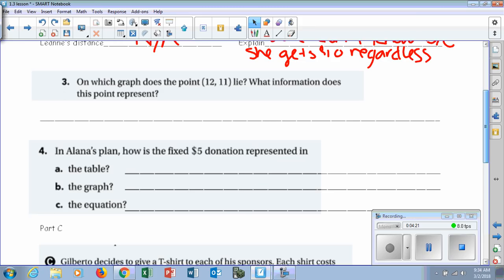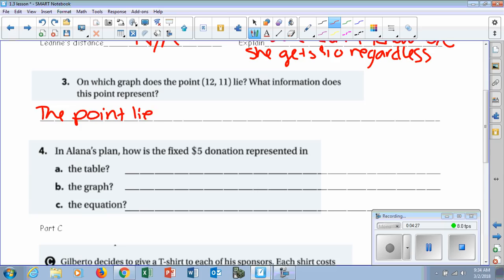Elena? And why do you say that? Okay, so you looked at your graph and you matched up 12 because you know 12 is your x-axis and 11, which is your y-axis, and you were able to determine whose point that lies.